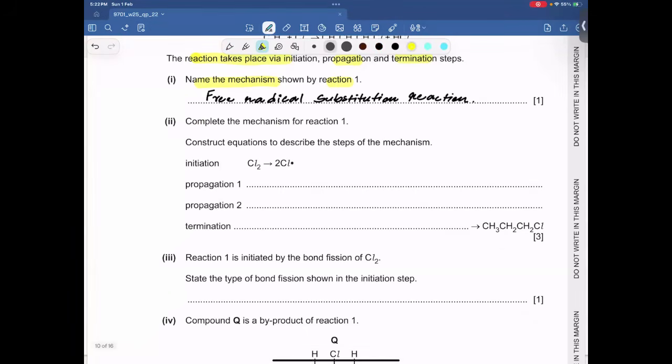Complete the mechanism for reaction 1. Construct equations to describe the steps of the mechanism.